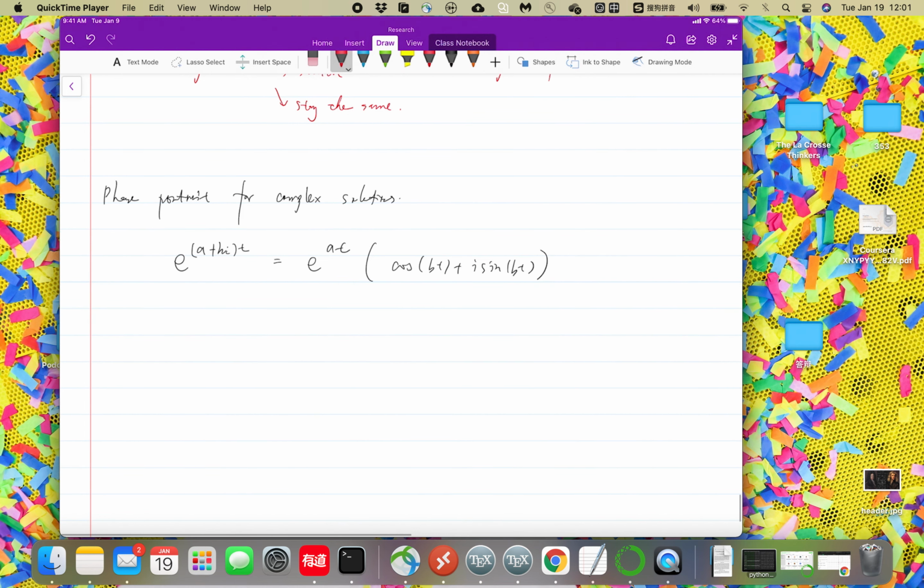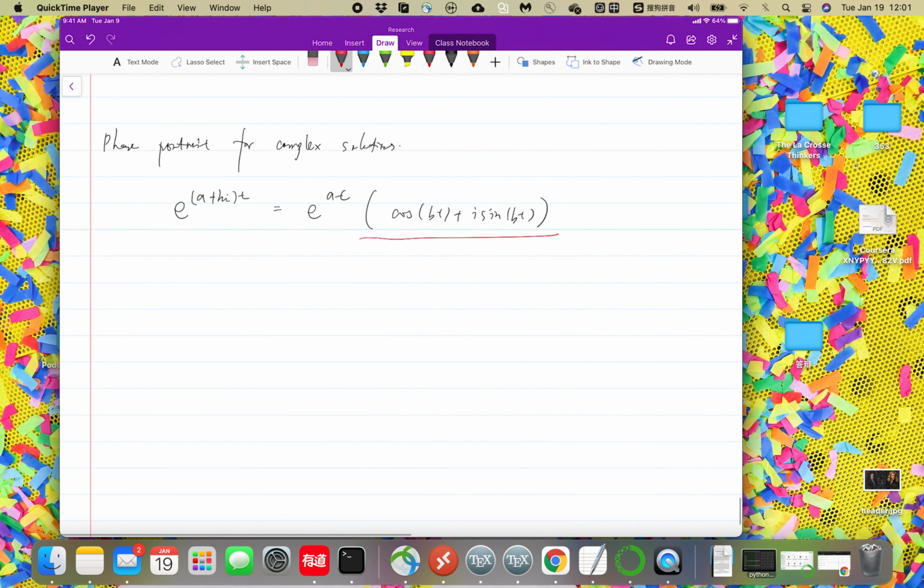The part in here will always have a magnitude 1, so this one only takes care of the rotation, and we don't care too much about the rotation when we talk about equilibriums.